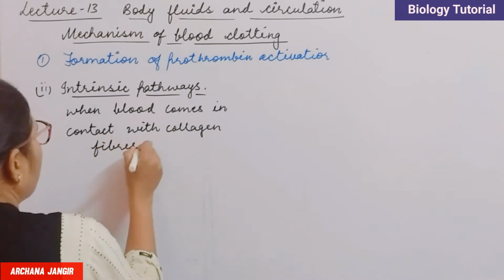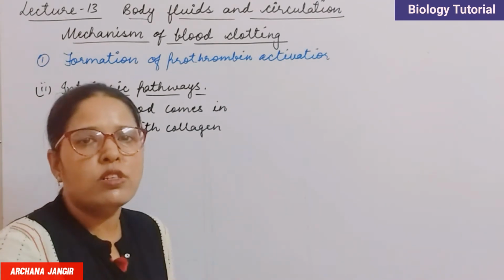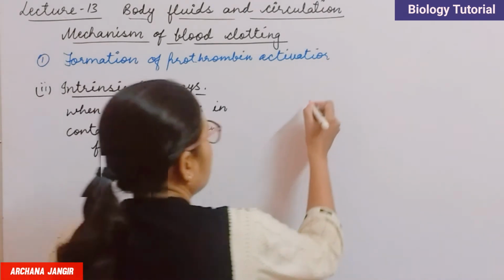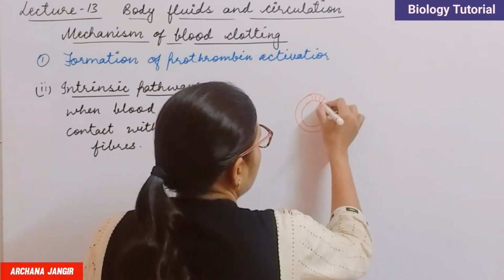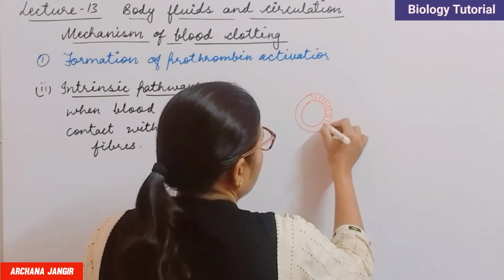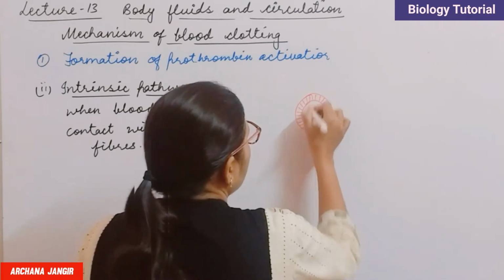Clear? Where are the collagen fibers present? These collagen fibers are present in the walls of blood vessels. Suppose this is the blood vessel and this is the wall of the blood vessel. This wall is basically made up of collagen fibers, the tunica externa.